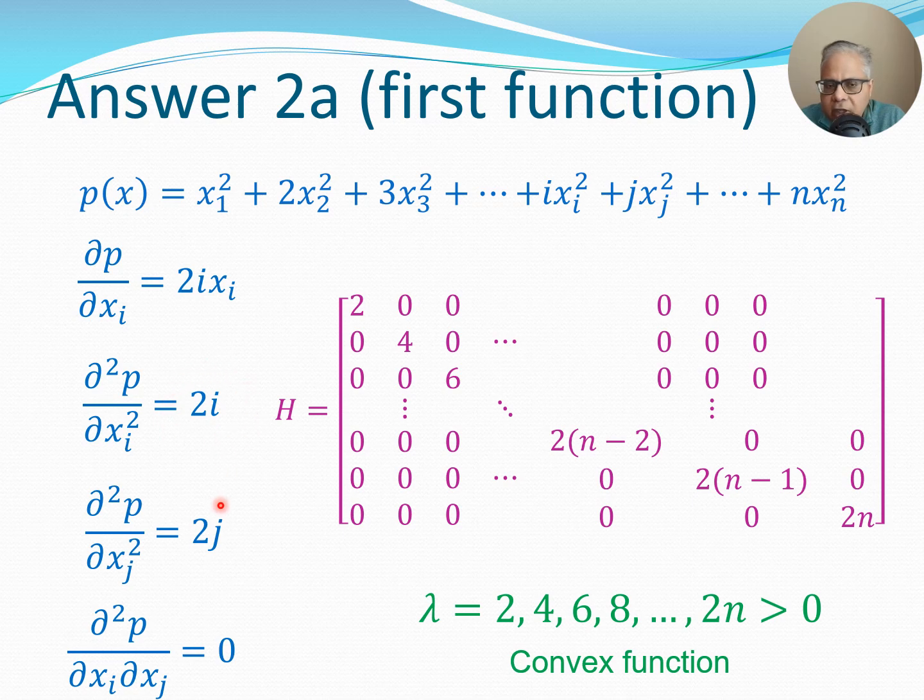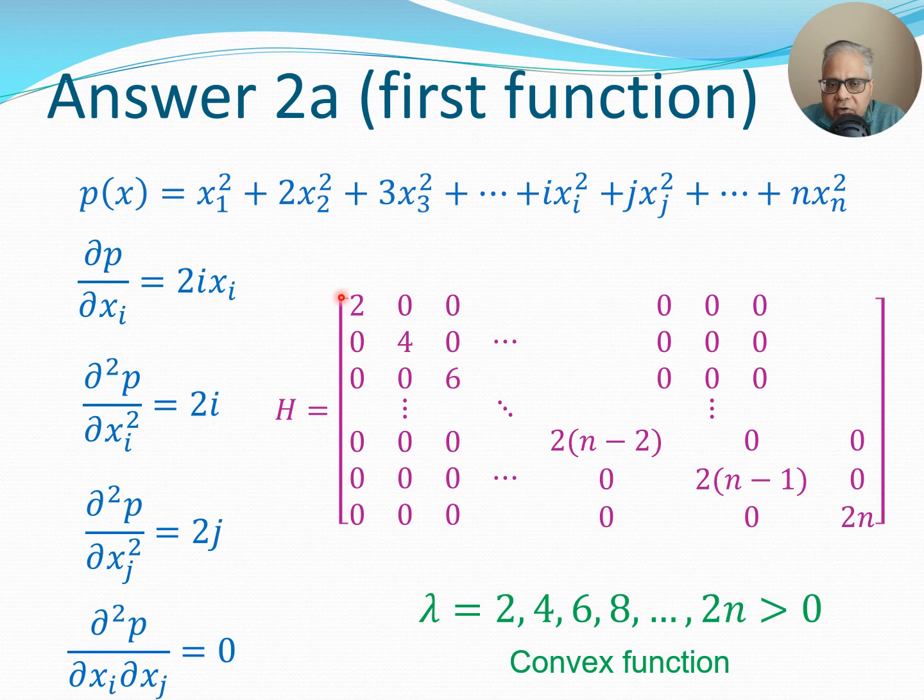If I were to take the derivative with respect to xj, for example, the second derivative would be 2j. Now the interesting term is when we take the cross derivative, that is the second derivative of p with respect to xi and xj. So I take this term, which is the first derivative with respect to xi, and I differentiate with respect to xj. But there is no xj in this term here, so essentially this is going to be 0.